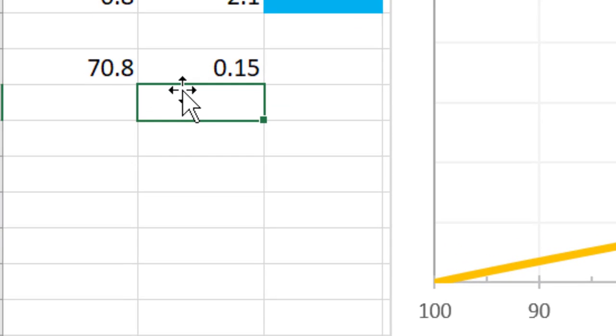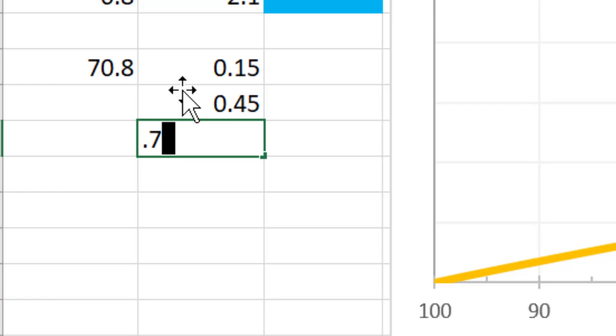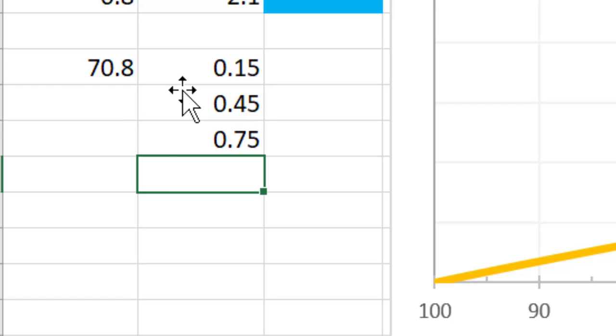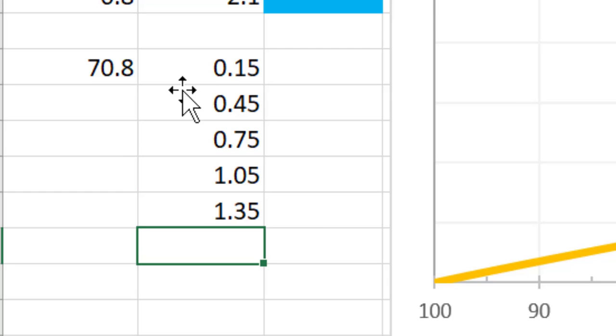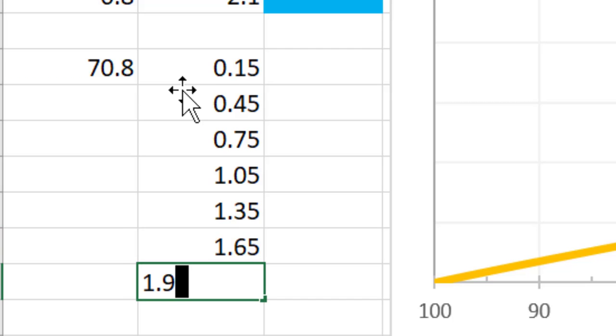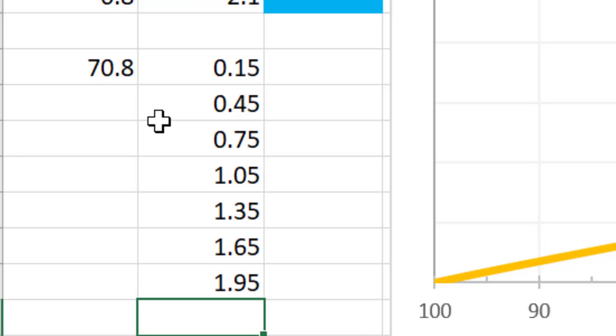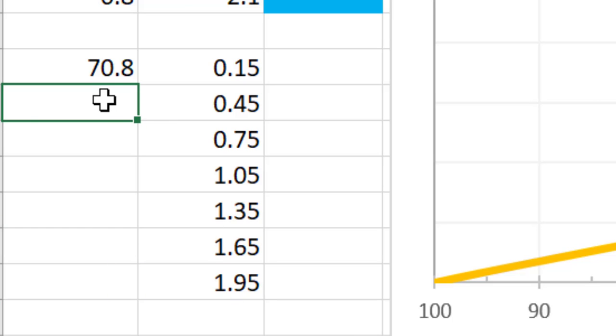So we can add the 0.3 rule to the 0.15 rule, which is 0.45, and then 0.75, 1.05, 1.35, 1.65, 1.95.